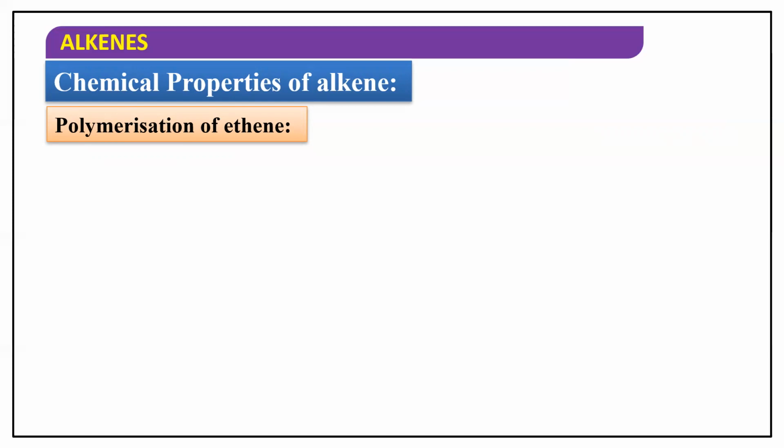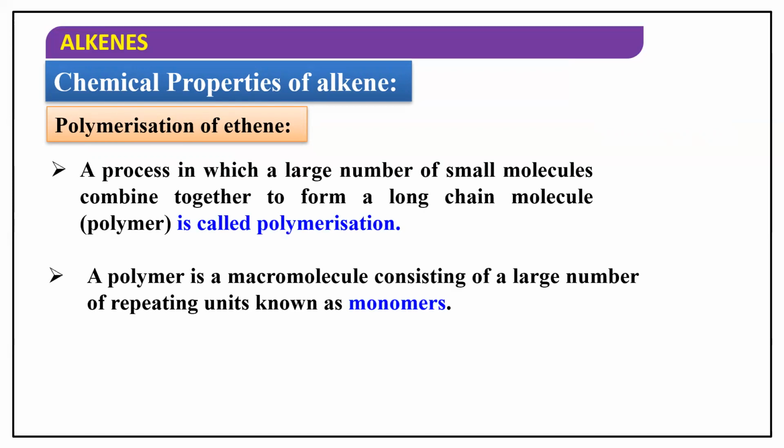So if I start with ethene, it will undergo polymerization to give what we are going to study now. A process in which a large number of small molecules combine together to form a long chain molecule, called a polymer, is called polymerization. A polymer is a macromolecule.